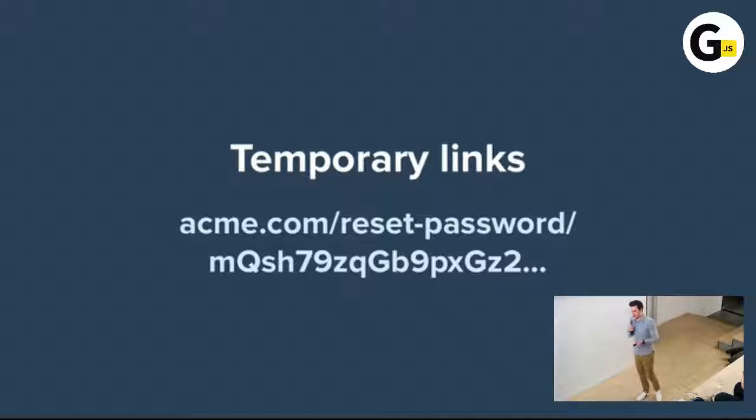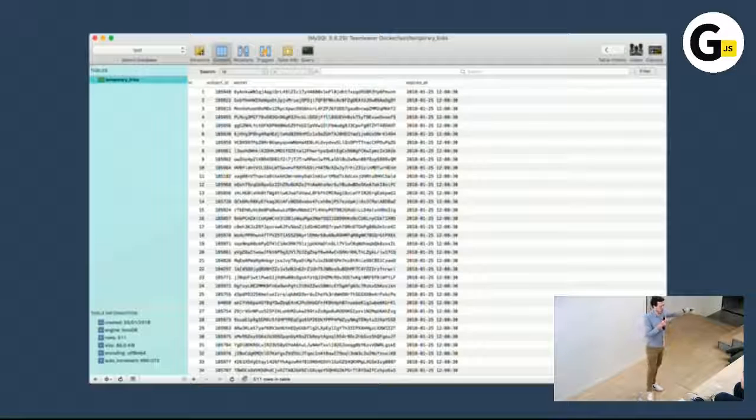Usually, I guess you would just generate a random string of numbers, link it to a user, and then have a cron job running in the background, removing all of the entries that are expired by now. With JSON Web Tokens, you don't have to do that. You don't even need to have a database table for this anymore.